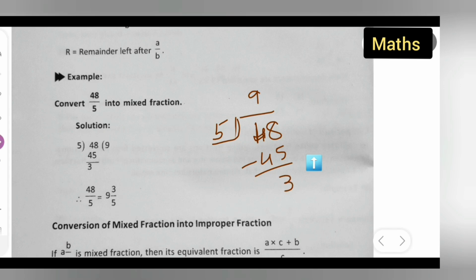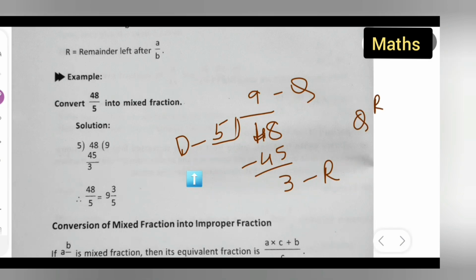Basically this is the quotient, this is the remainder, and this is the divisor. So if it is in the form of quotient, remainder upon divisor, now what is the quotient? 9 is the quotient, right? So 9 will come here and your remainder 3 will come here and the divisor will go there. So 3 is the remainder and 5 is the divisor. So 9 and 3 upon 5, you all are getting, right?